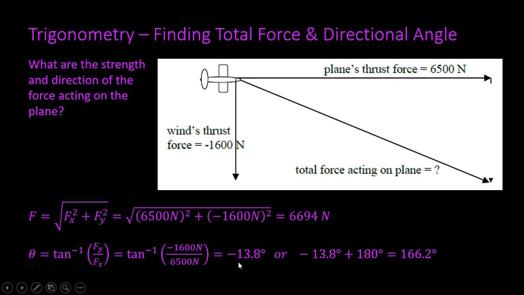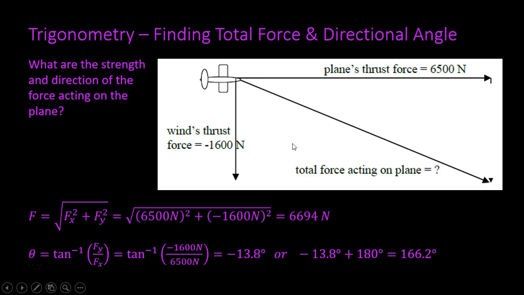So is it negative 13.8? Or is it 166.2? For that, we need to look at our force diagram, and we know that 166 degrees lies in quadrant 2, up and to the left. The force vector clearly is not going up and to the left, it's going down and to the right.